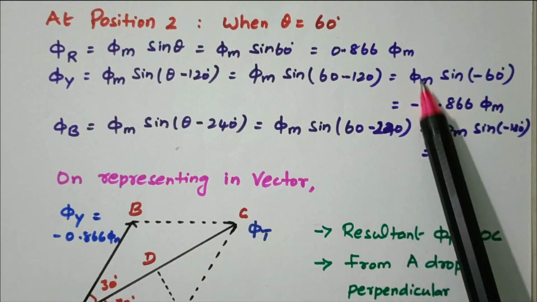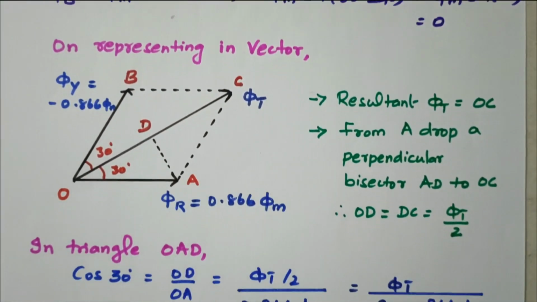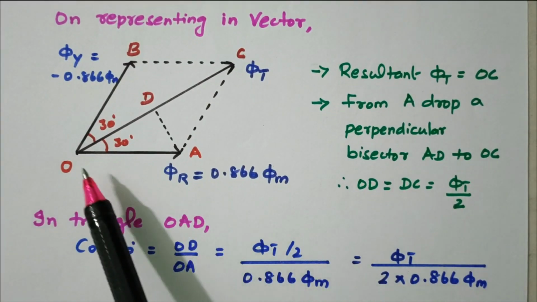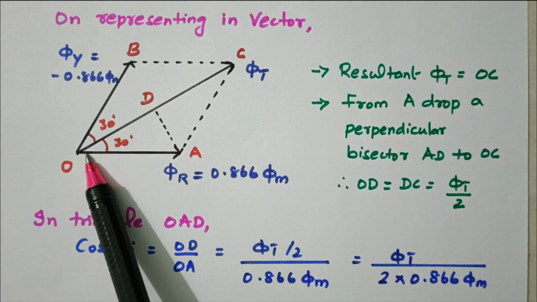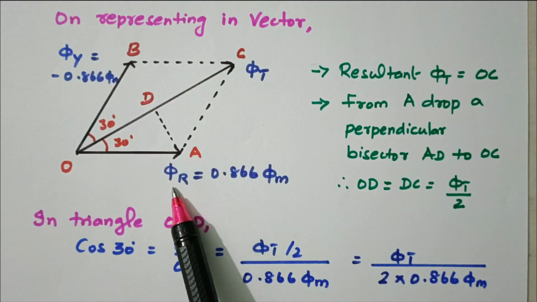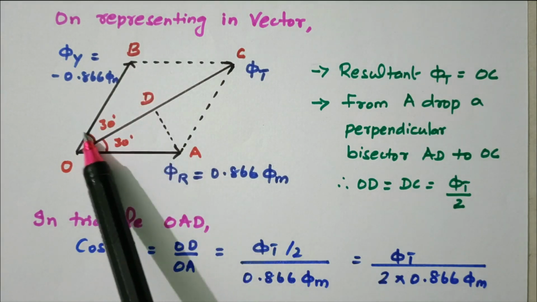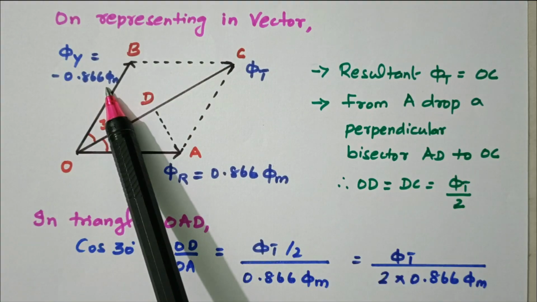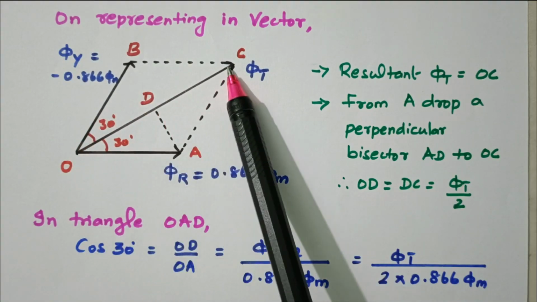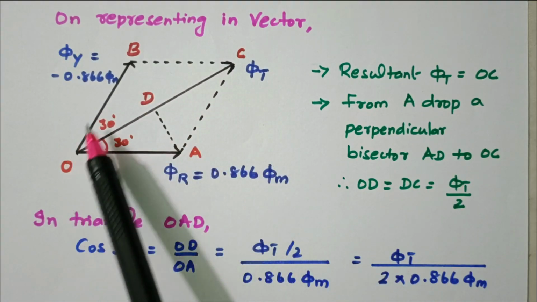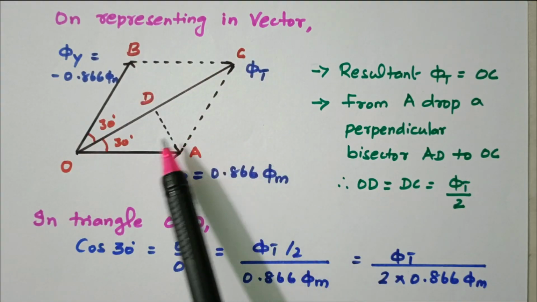Now based on these values we will see the vector diagram. So this is point O. See, this OA is φr, 0.866 φm. Then φy is minus 0.866 φm. So this is the resultant vector OABC, right?